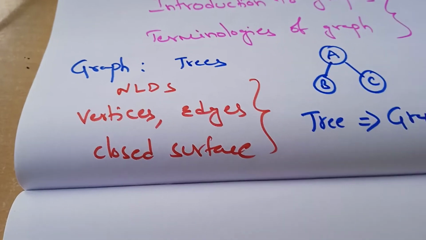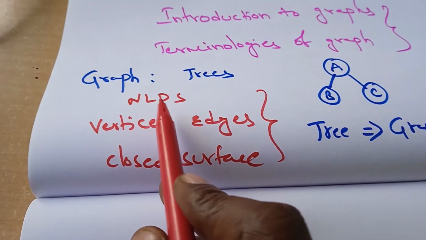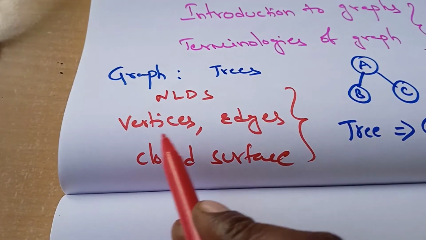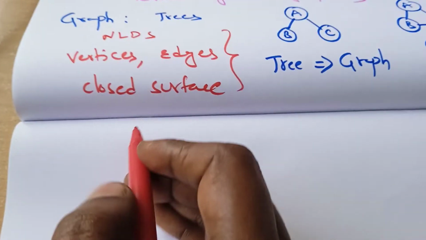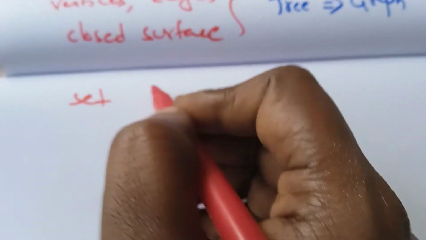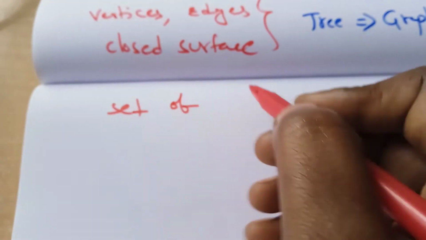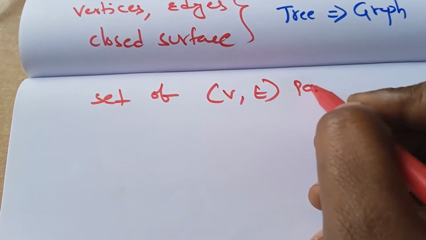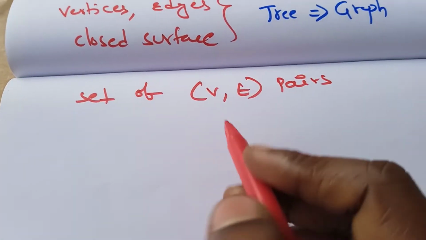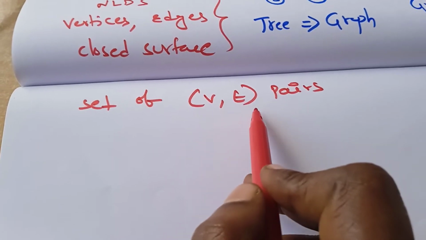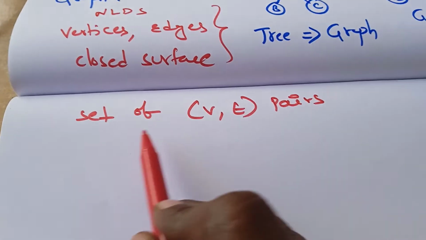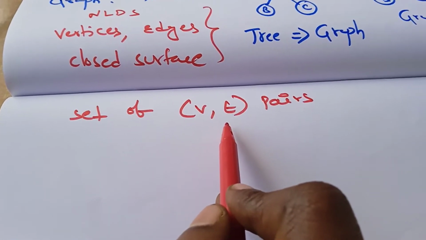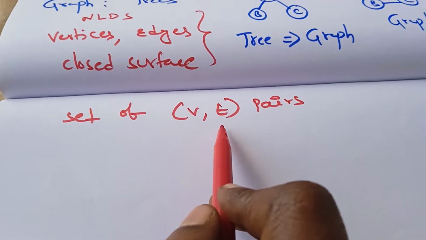A graph is a set of V comma E pairs, where V is vertices and E is edges. This is the graph definition.